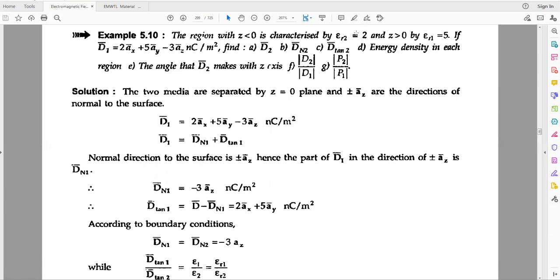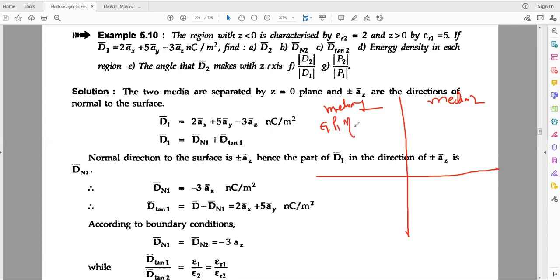Tangential 1 and tangential 2, epsilon r1 and epsilon r2, they are the same, meaning definitely that it is a boundary between medium 1 and medium 2, a dielectric boundary between two dielectrics. So in medium 1, everything is epsilon 1, eta 1, sigma 1, rho 1, and here epsilon 2, sigma 2, eta 2 and rho 2, and so on.